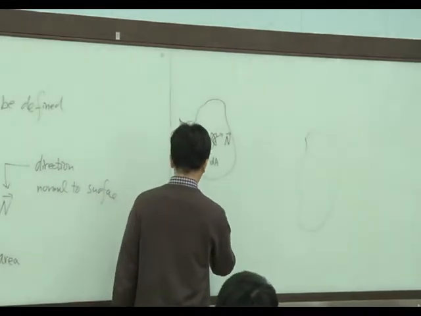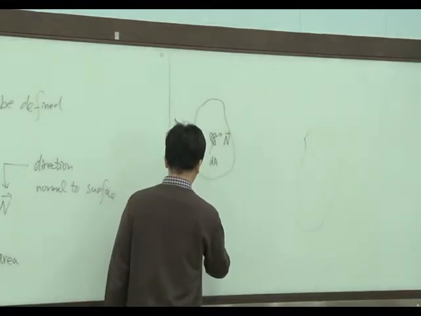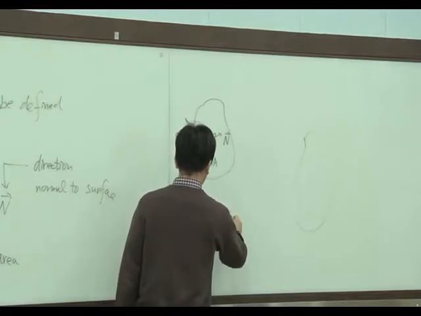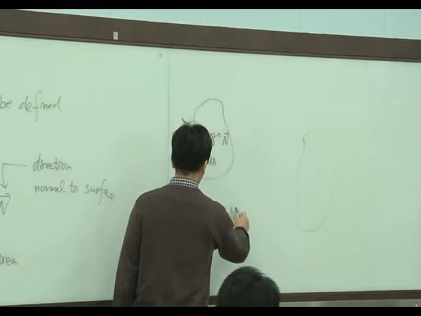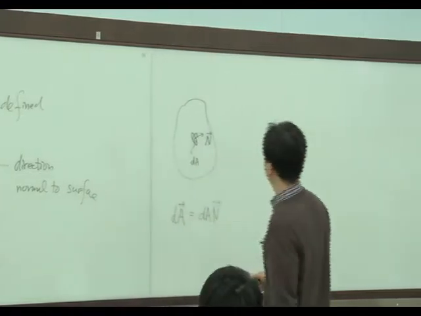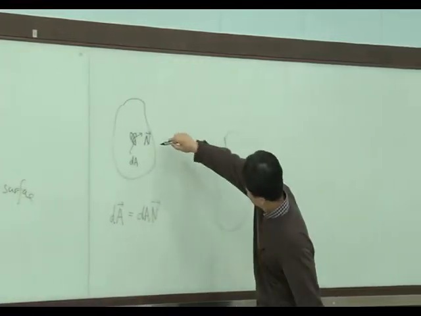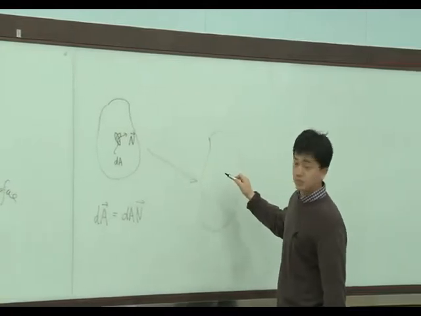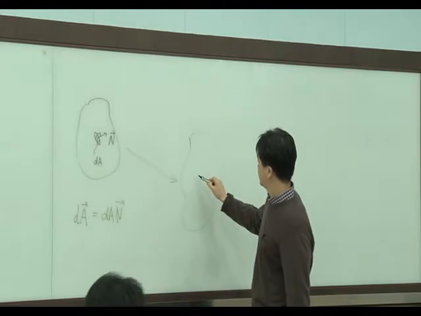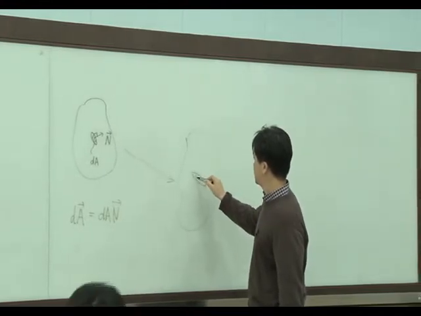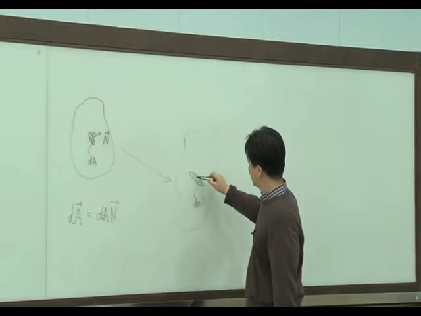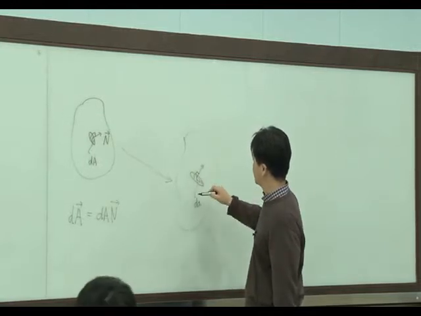So initially we have a very small surface vector dA n, and after deformation that area of the surface will be changed, right? Let's say this is a small da, and its direction will be changed also.